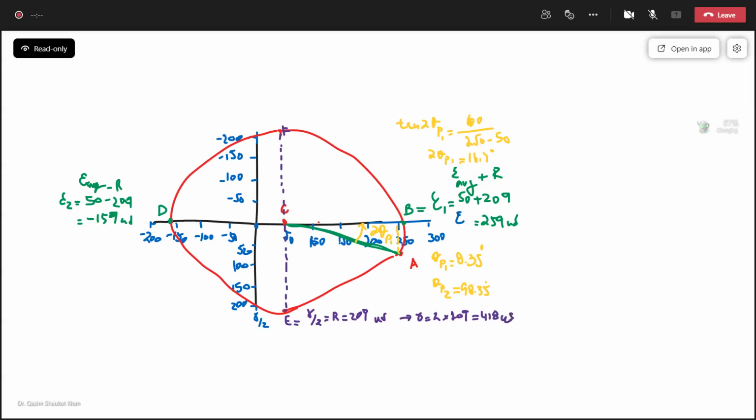Or 18 microstrains. So this is your maximum in-plane shear strain. Then the orientation of the shear planes, moving from the reference plane CA towards CE.